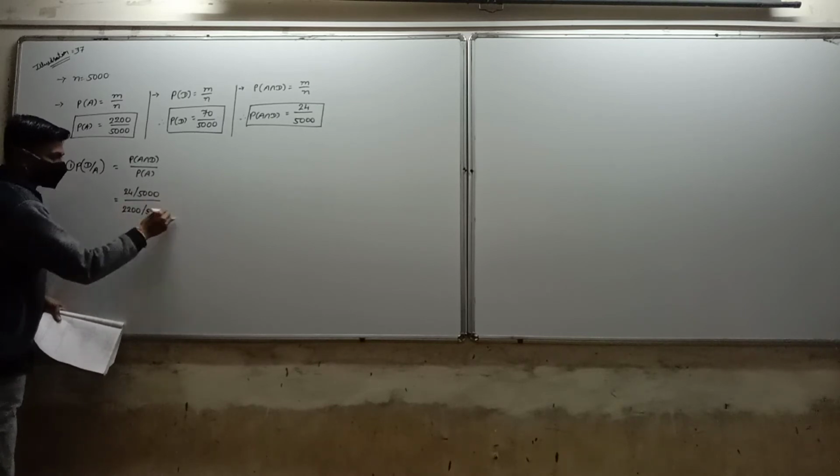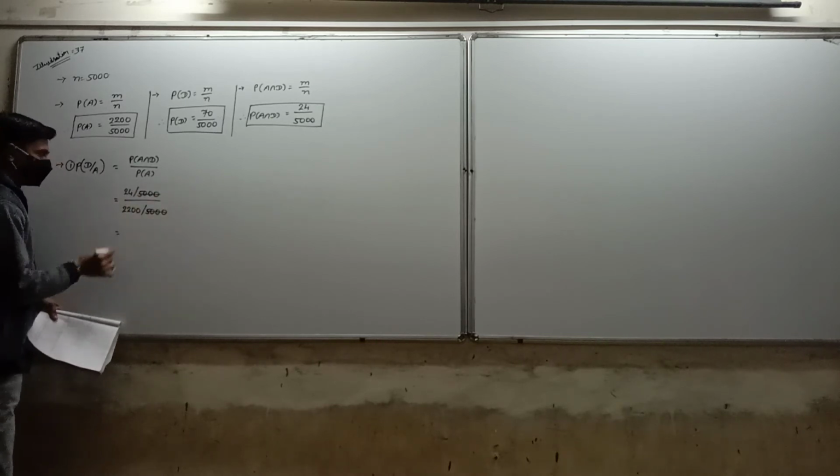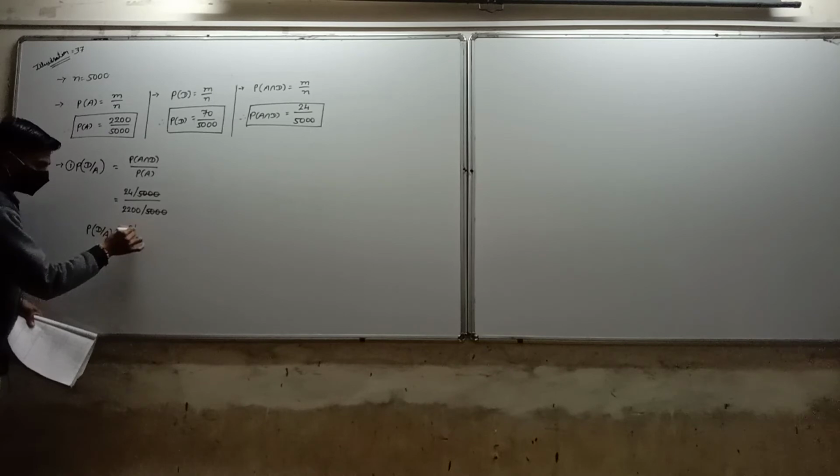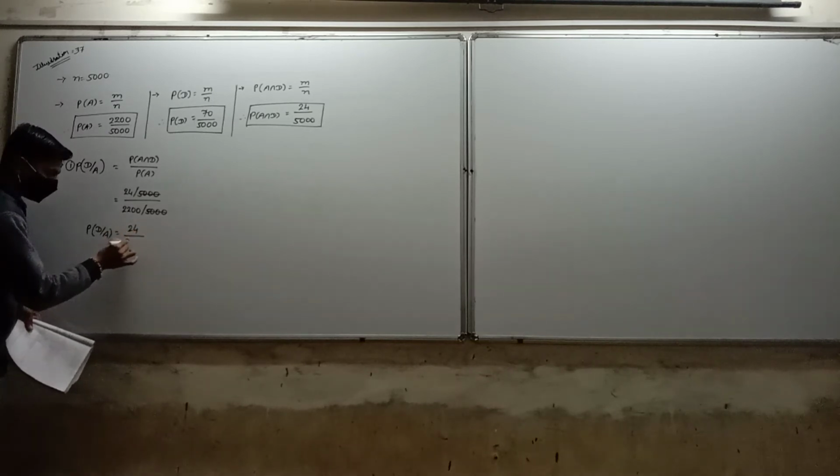Numerator and denominator, 5000 cancel. Your answer, probability D given that A is equal to 24 upon 2200.